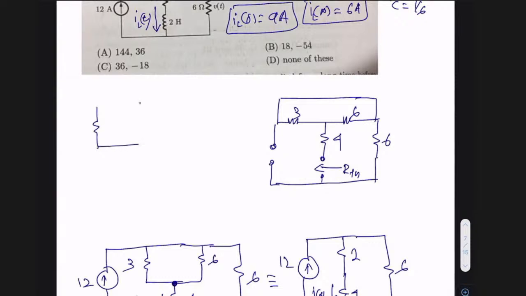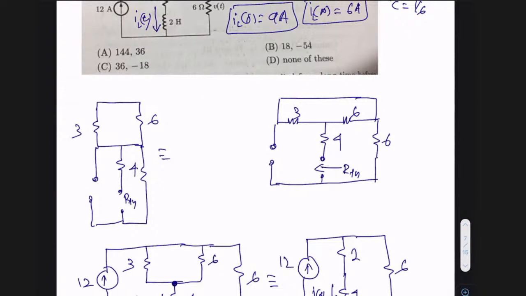Three. This is 6. This is your 4. From here, we are observing this RTH. So this is equivalent to 3 parallel with 6, which is 2. So this is 2 ohms. Okay. And from this, you have this, how much? 6, because this is 6, right?